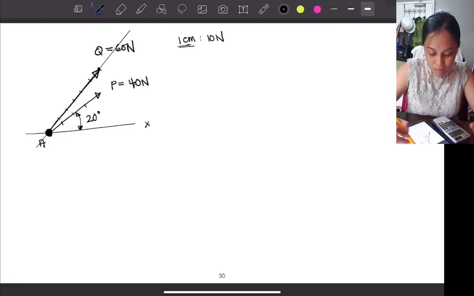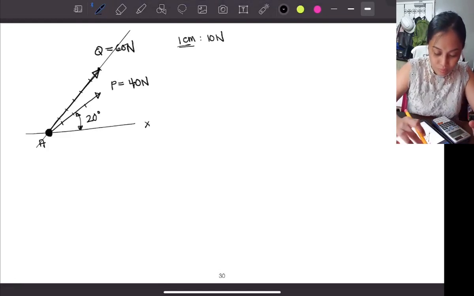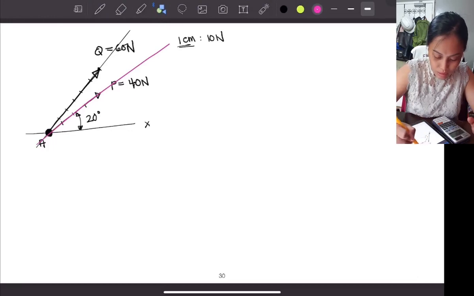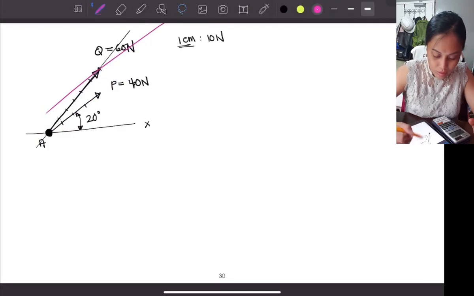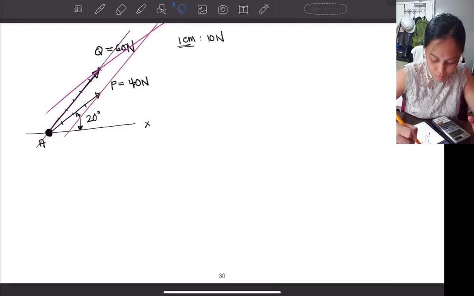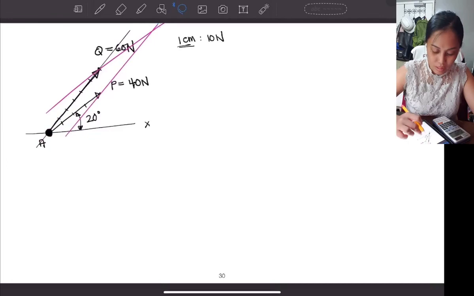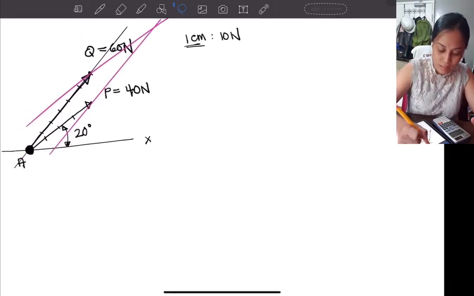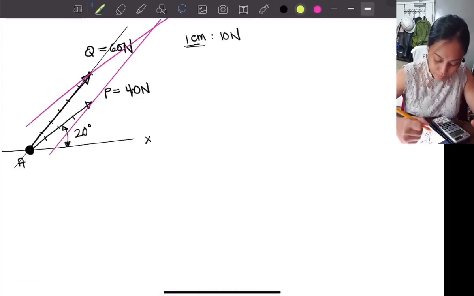And then draw parallel lines. A line parallel to P but drawn from Q, and another parallel line parallel to Q but drawn from P. Then connect point A to the intersection of the two parallel lines.